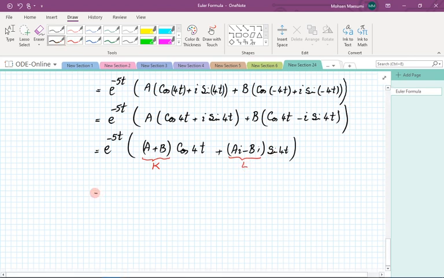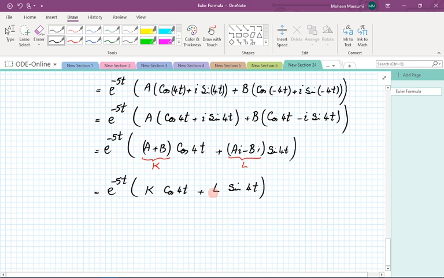Our solution becomes what? It becomes exponential of minus 5t times some constant times cosine of 4t, and then some other constant times sine of 4t. So these constants could be any number you want, real, imaginary, whatever.